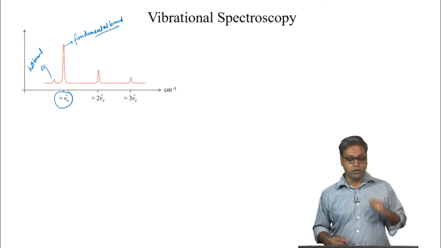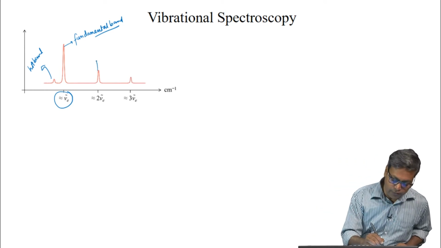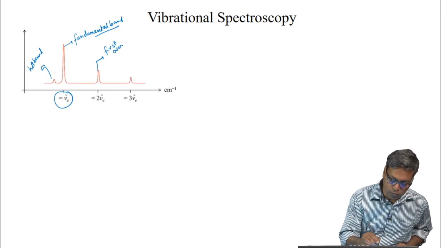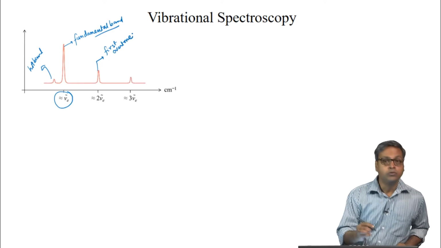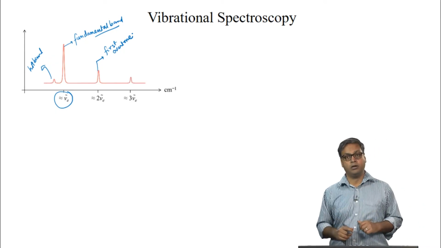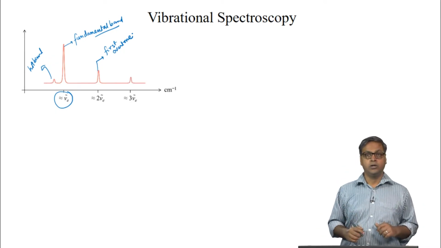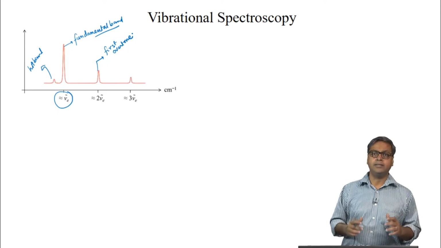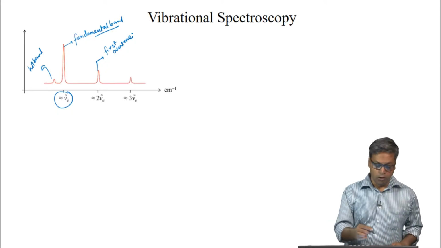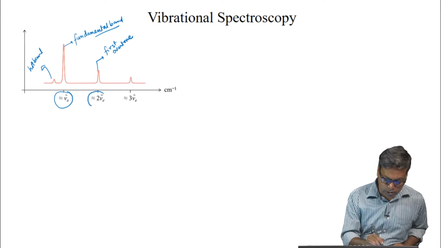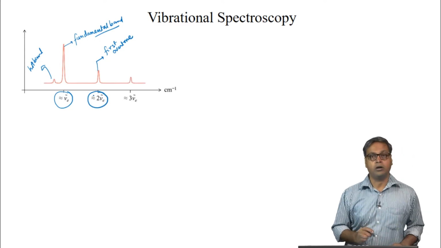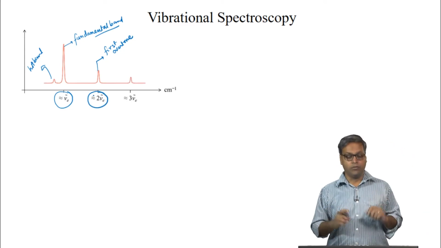The first overtone, so here we have the first overtone. This first overtone will occur at a frequency which is approximately twice that of the fundamental, or approximately 2 nu bar E, and the second overtone.